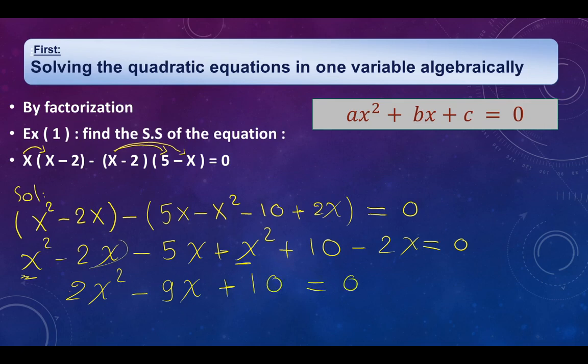Now we put it in the form of a quadratic equation, so we can solve it by using factorization. Mode 5, 3 by using the calculator. Mode 5, equation number 3, where a equals 2, b equals negative 9, c equals 10.